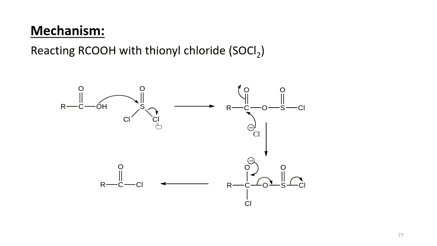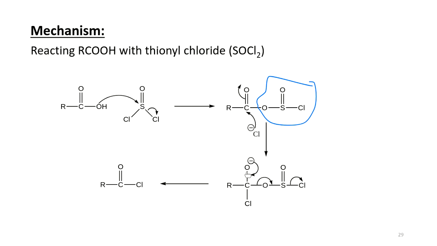The chlorine leaves. And now this, let me get a pencil. All of this is a good leaving group, right? So this first part is to make the OH a good leaving group. And then the chloride can come in, and we're forming a carbon-chlorine bond. We're breaking this pi bond. We have this tetrahedral intermediate, and then we reform the pi bond.